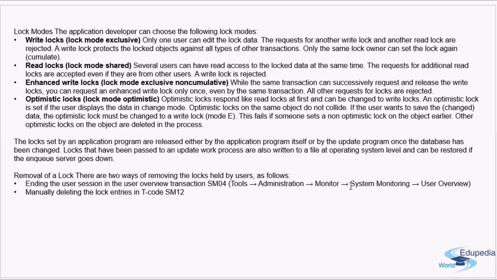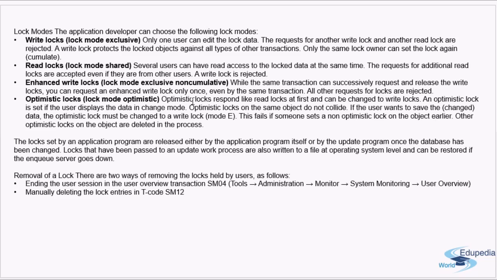Now we have different types of lock modes. The application developer, that is the ABAP developer, will use these types of locks in the programming. The first one is write lock, mode exclusive. Only one user can edit the locked data. Requests for another write lock and another read lock are rejected.